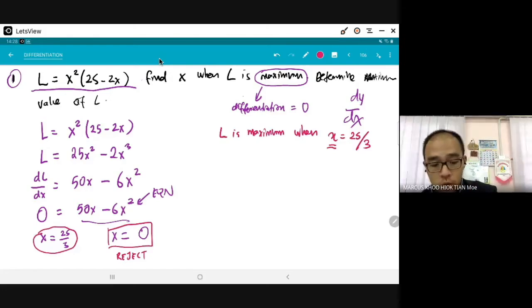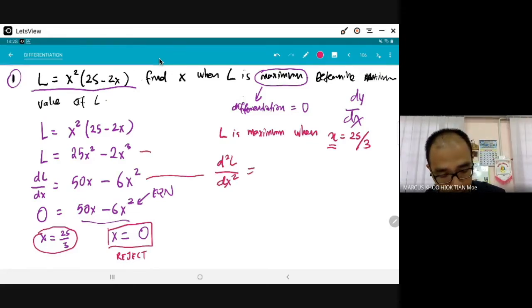So what do you do? You can sketch a tangent, no problem, but I'm going to use the second derivative. Oh sorry, it's not d2y dx2, it is d2L dx2.